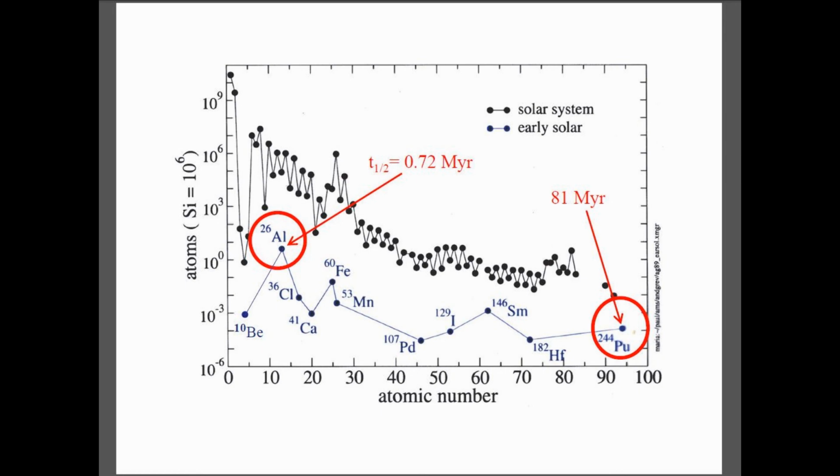Now, these are stable elements. We're talking about stable elements, which we have here. And we have to realize that a stable element, once it's produced in a star, could have been produced in any star of the galaxy, and eventually ended up in the solar system, ended up on Earth, ended up in our body. Every one of our oxygen atoms could have been produced in a star.